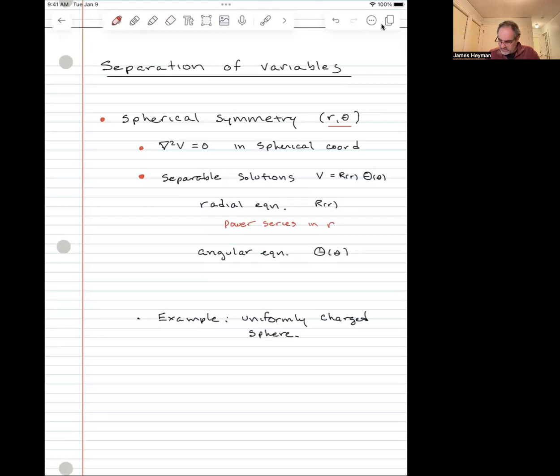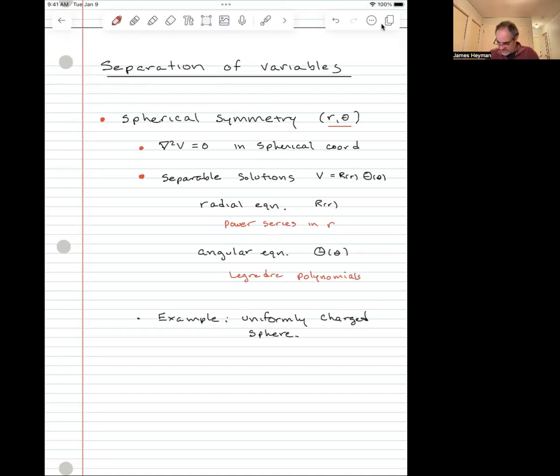And for the angular differential equation, we'll find that the solutions look like a set of functions called Legendre polynomials, a set of functions which are very well known, even if they're not very well known to you or I. But in some sense, they're going to function like sine and cosine functions for us.